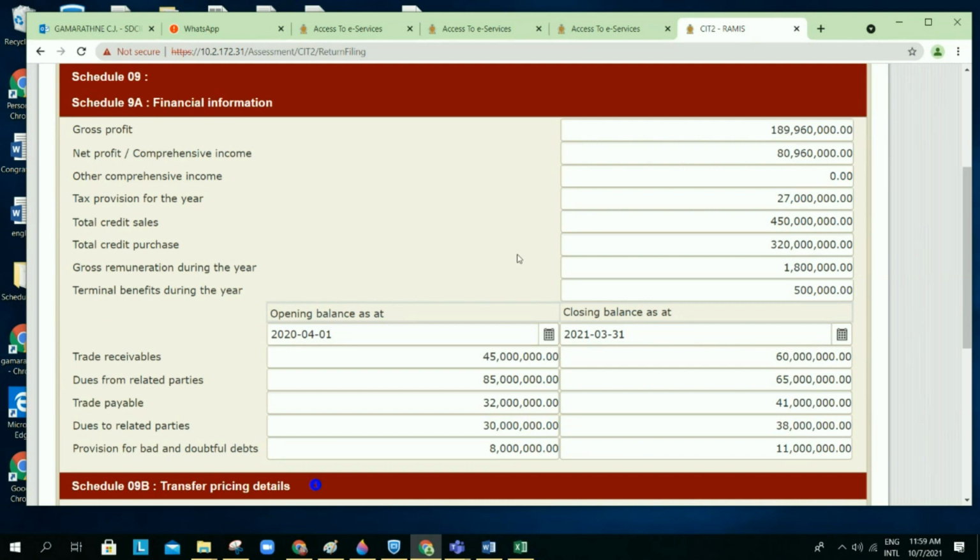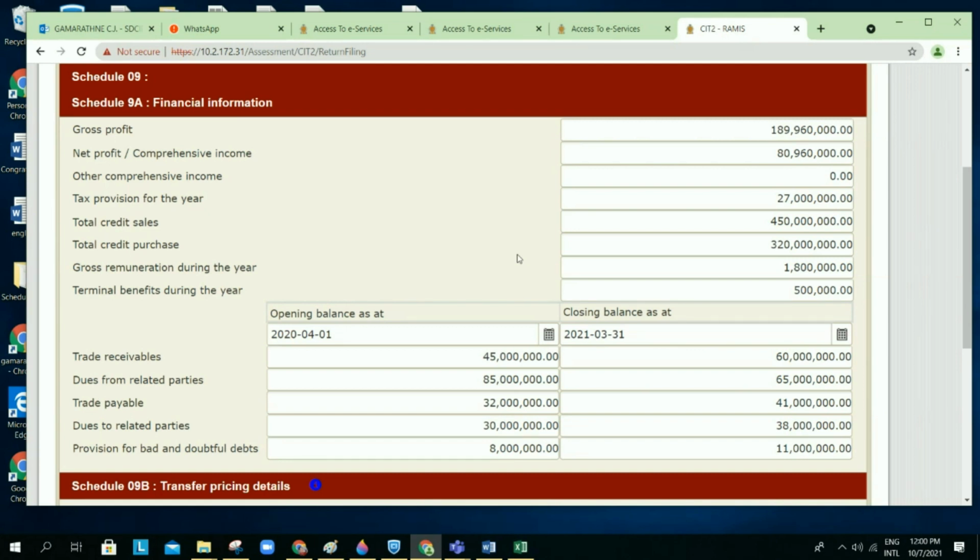Schedule 9. We are going to discuss here, but mainly we can identify two parts, schedule 9A and schedule 9B. Schedule 9A mainly has the places where you have to input the financial information.